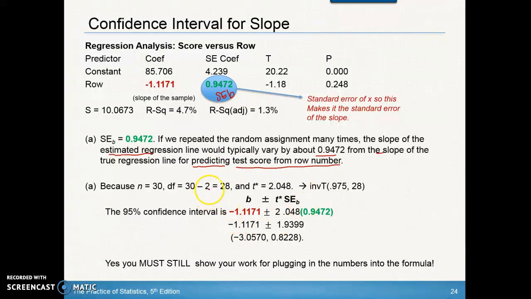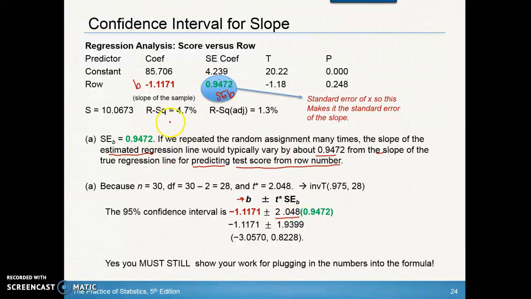Now the second question is, let's take a look at our confidence interval. Remember, it's b plus or minus your critical T times your standard error of your slope. Well, here's our slope right here. That's already given to us, so I can plug that in pretty easily. Your standard error of your slope is given to us. I can plug that in pretty easily. But how do I find my critical T?